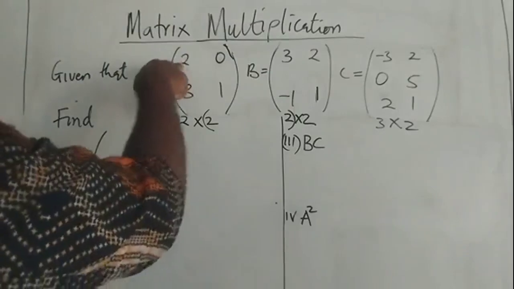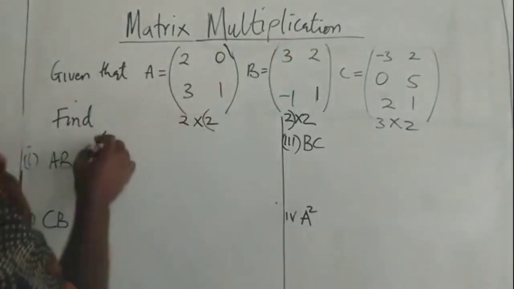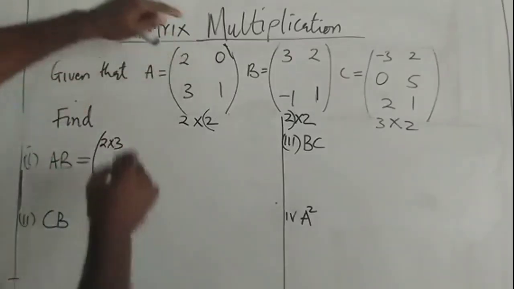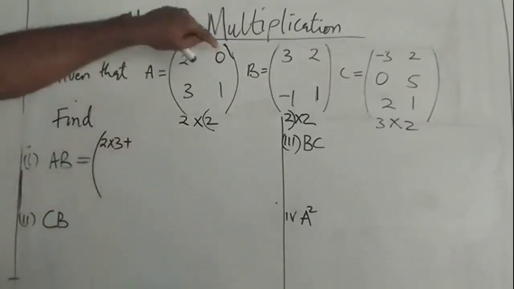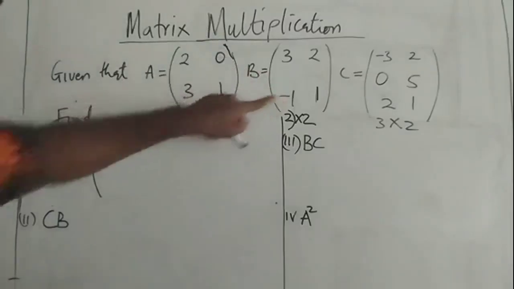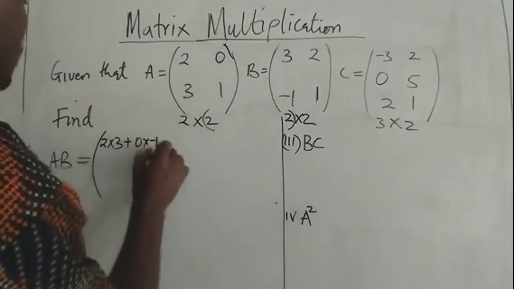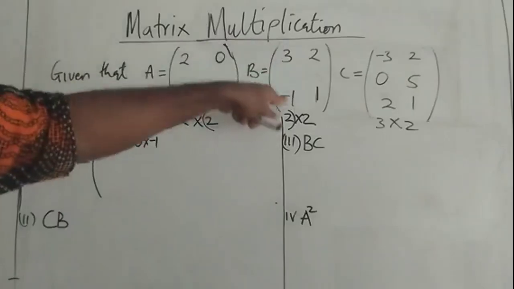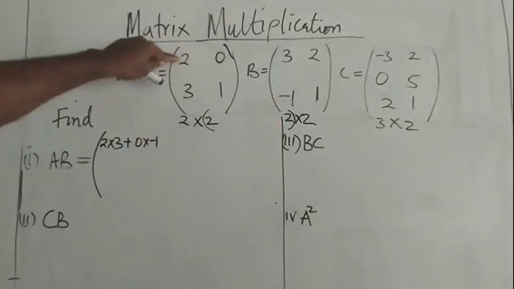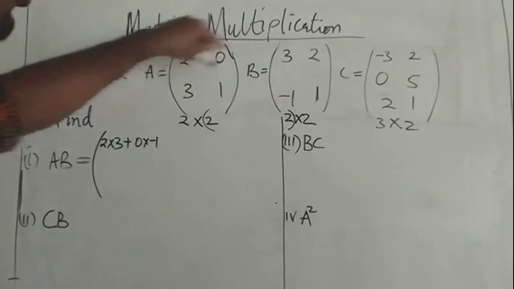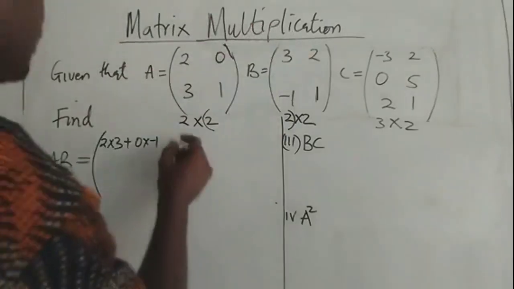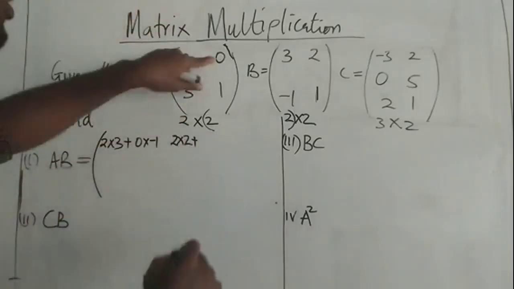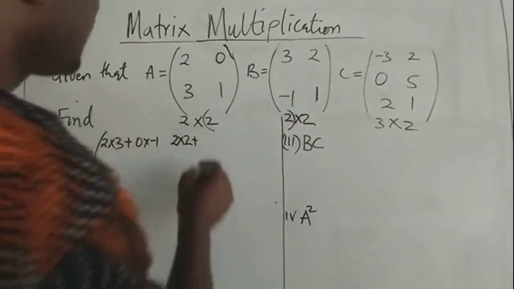So 2 times 3 plus 0 times minus 1. We are through with the first column. We go back again, the same row in the first one. 2 times 2 plus 0 times 1.